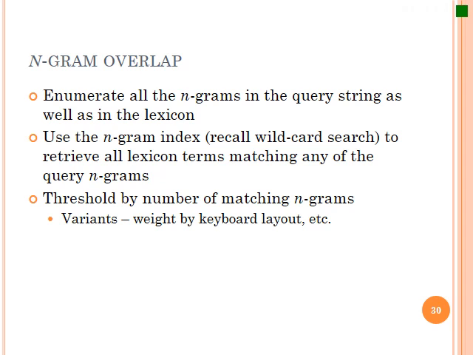So when you do the intersection, not all of them will match. Therefore, you need to set a threshold to find a term in the dictionary that matches your query the most by the number of overlappings.